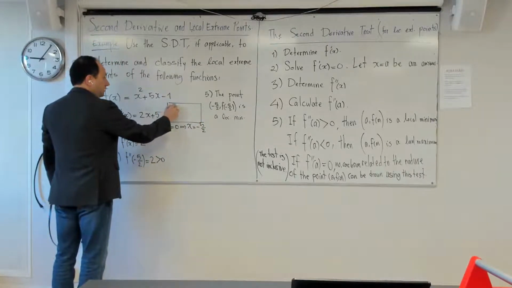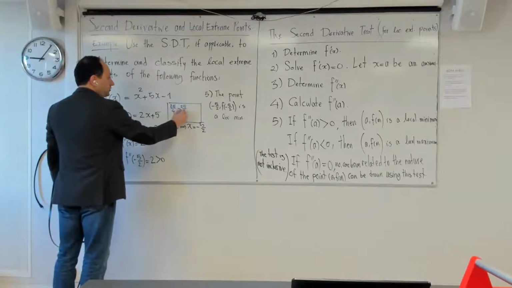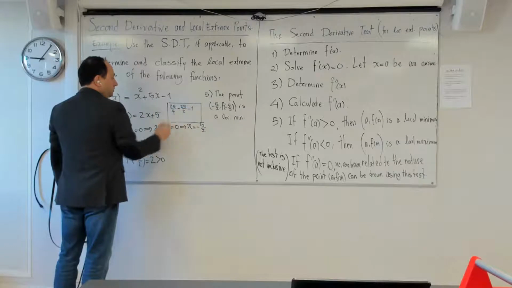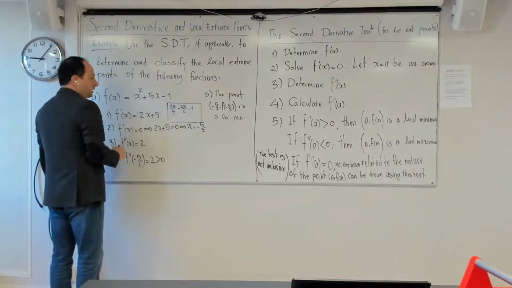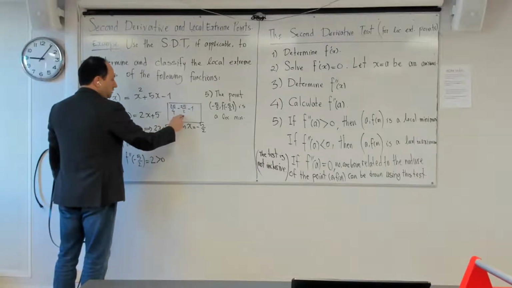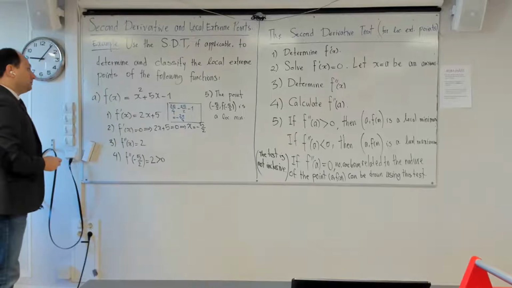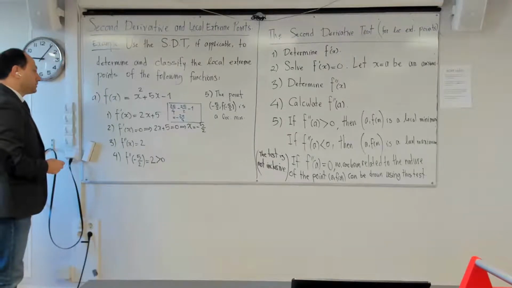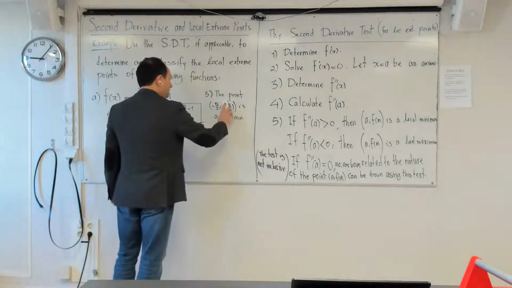It becomes 25 over 4. Minus 5 times that, it is minus 25 over 2. And then I have minus 1. So this becomes minus 25 over 4. So minus 29 over 4. Let me just clean that and write minus 29 over 4 instead.